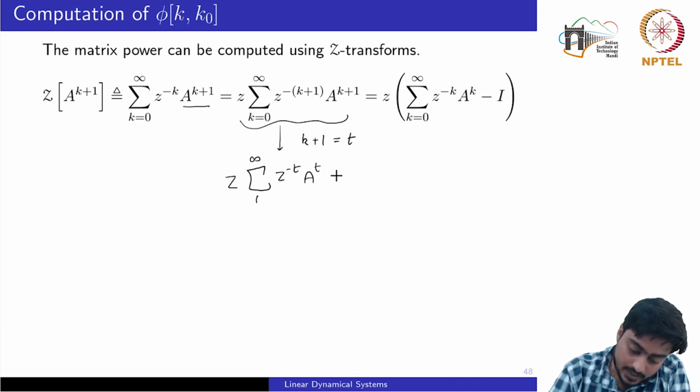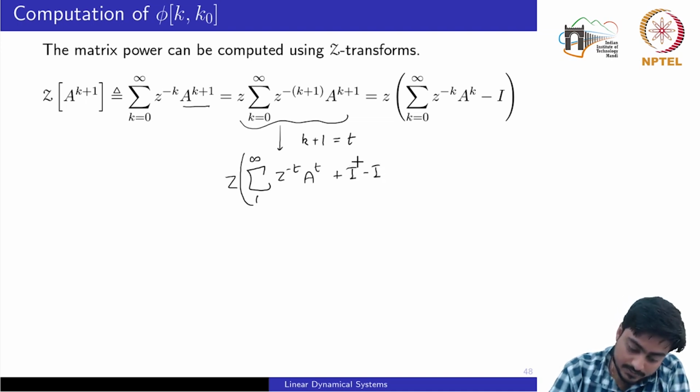Now here I need to include k is equal to 0. So let's say the value of this summation at t is equal to 0. The value of this at t is equal to 0 would be what? Identity. So I add plus I and subtract I, the identity matrix of appropriate dimension.